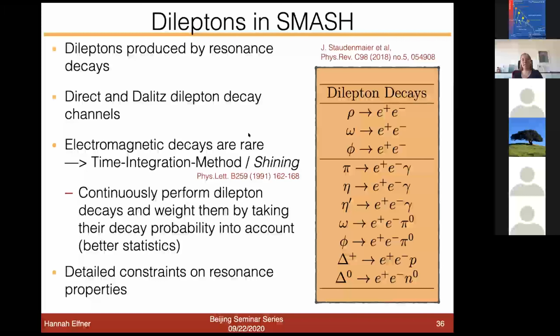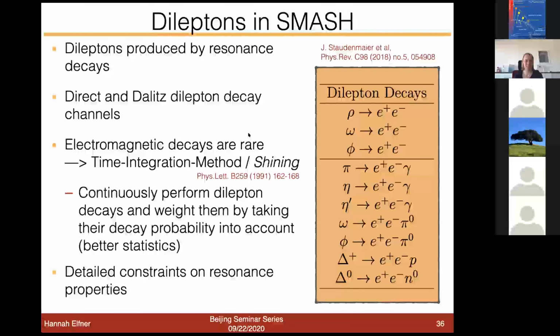If there is a rho in the simulation, it will always emit dileptons all the time, and not only when it decays. That is then weighted in the end by the proper probabilities to increase the statistics, because otherwise the electromagnetic processes are too rare to really treat them directly in the code.